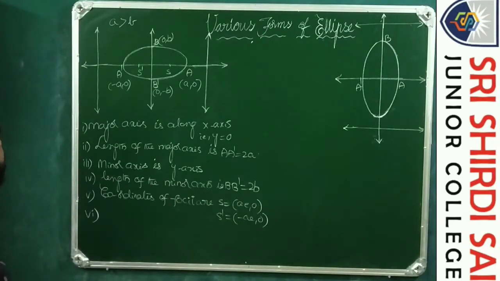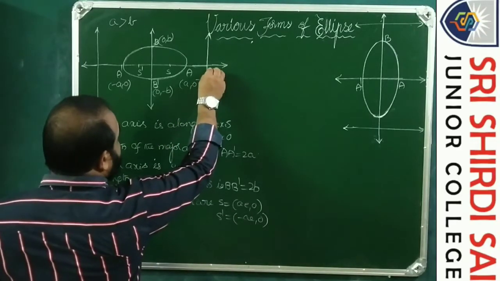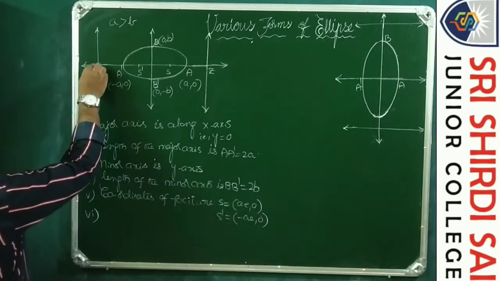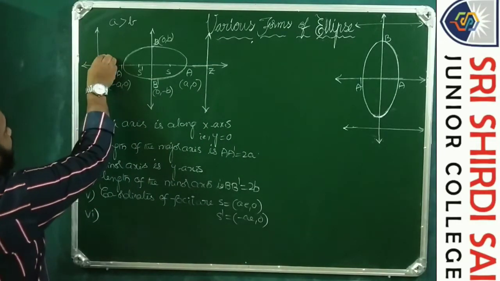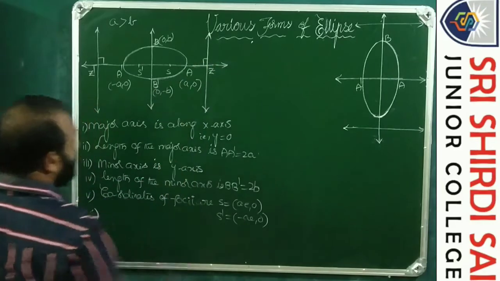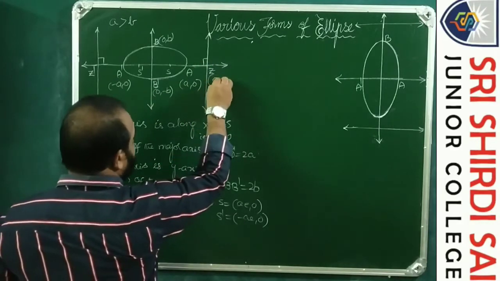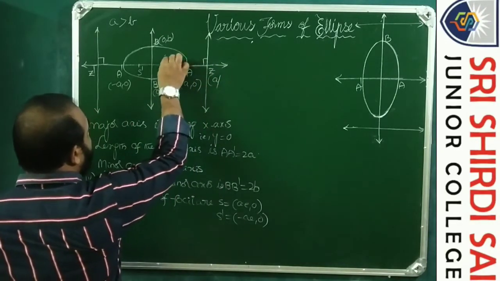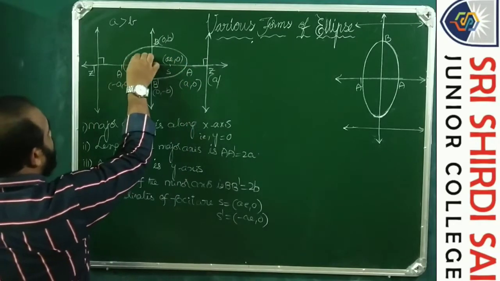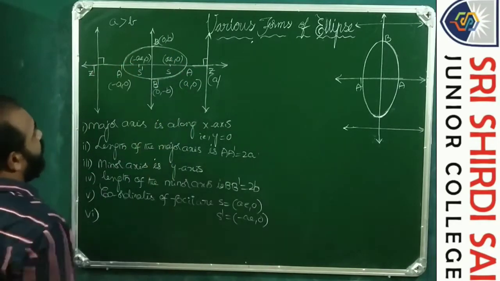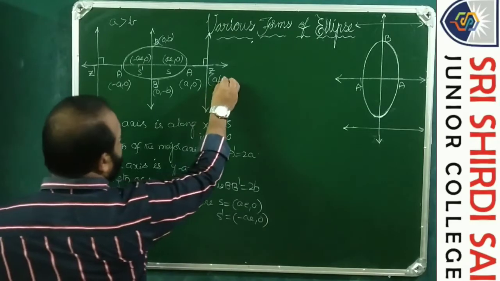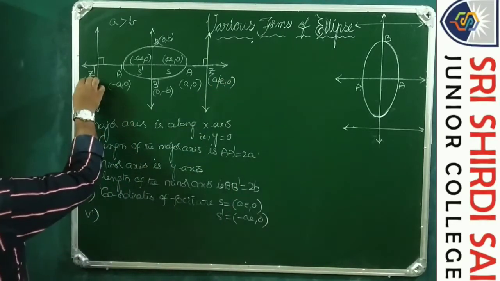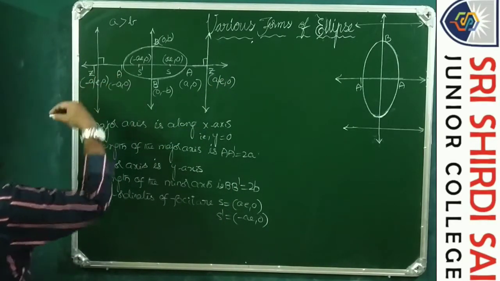Now Z and Z dash are the feet of the directrices. So this is A by E comma 0, and this is minus A by E comma 0.